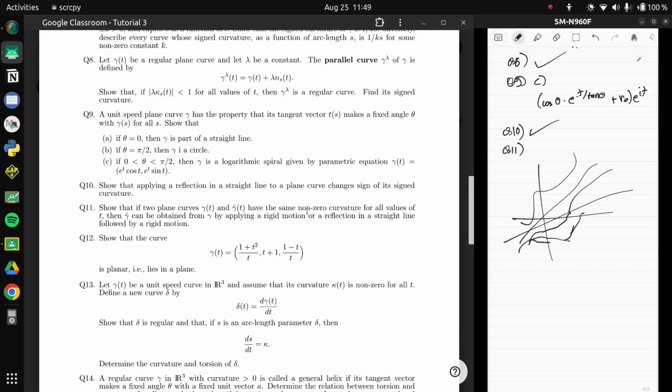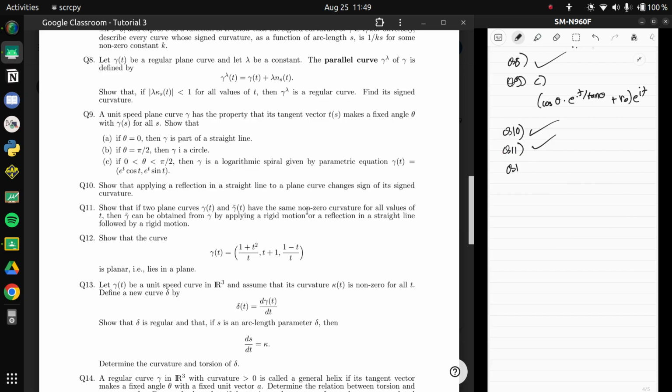So it's the reflection along some other line. You can just rotate and translate this curve, and that does not change your curvature function if it's a unit parameterization, and this just makes it negative. So okay, that's actually not so bad.